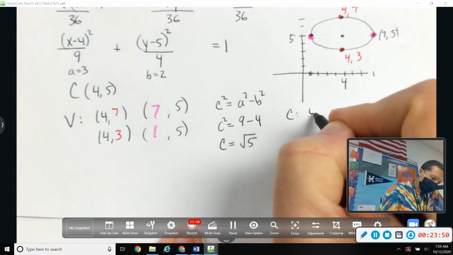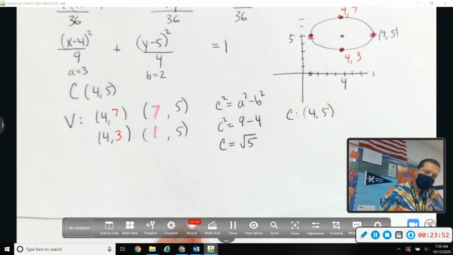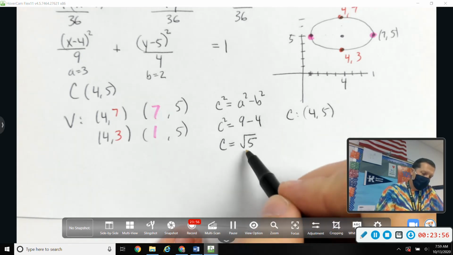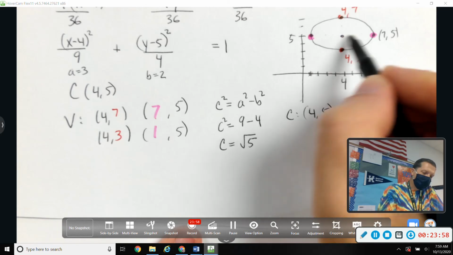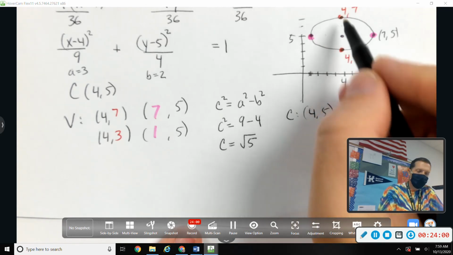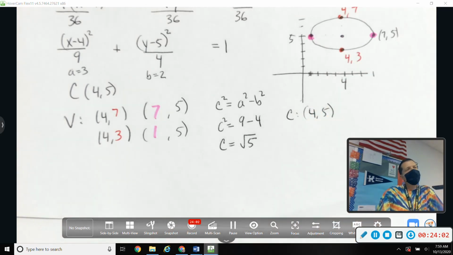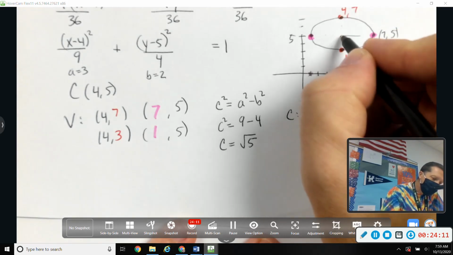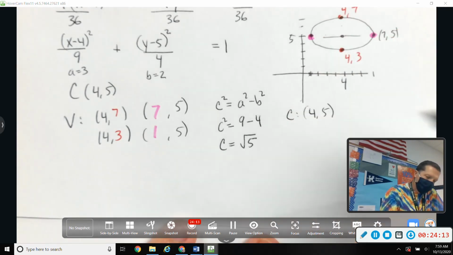So my center was at (4, 5). I already had that written down. But am I going to go left and right for my foci or up and down for my foci? Left and right. That's the major one. They always go along the big one. So I need to go left and right square root of 5.